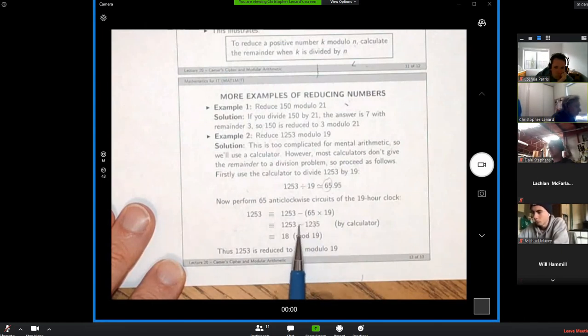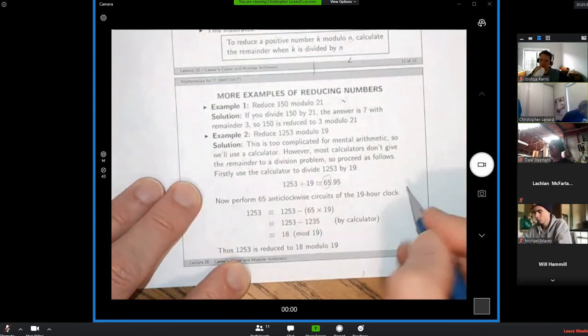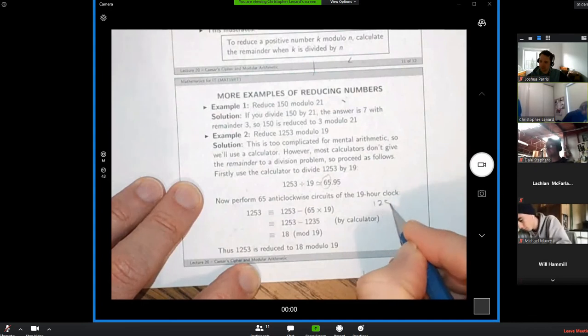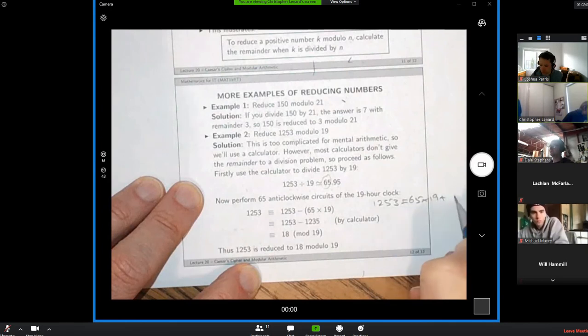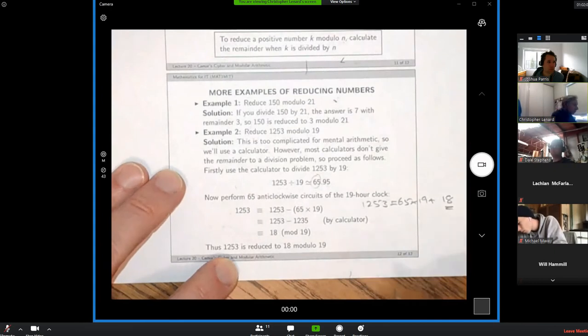The difference from that to 1253 is 18. So you're really saying that 1253 is equal to 65 times 19 plus 18. There's our remainder. So 1253 is reduced to 18, modulus 19.